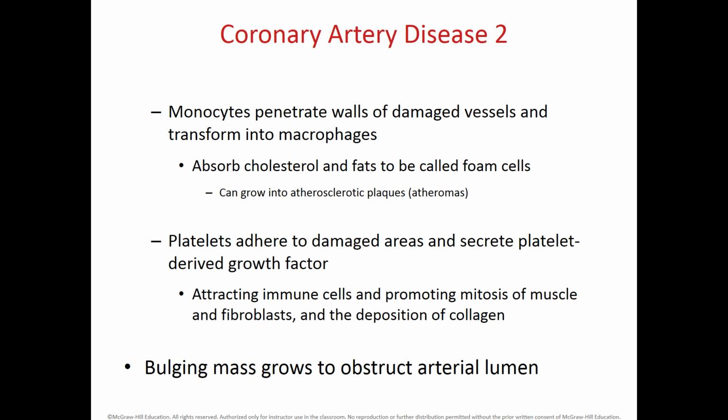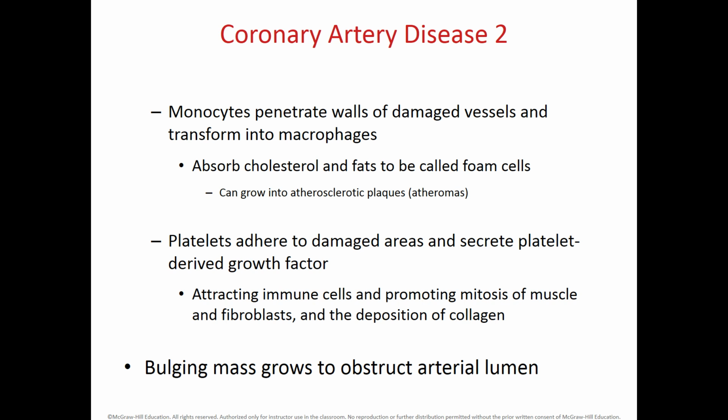Now, when you have this endothelial cell damage in the coronary arteries, monocytes penetrate the walls of these damaged blood vessels, and they form macrophages. These macrophages will absorb cholesterol and fats, and they will form cells called foam cells. And then you will have the formation of this plaque, or atheroma.